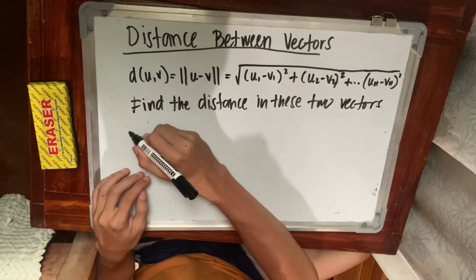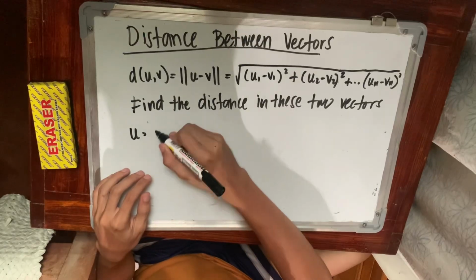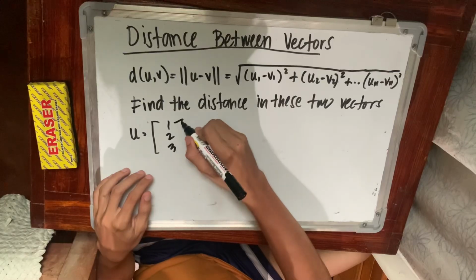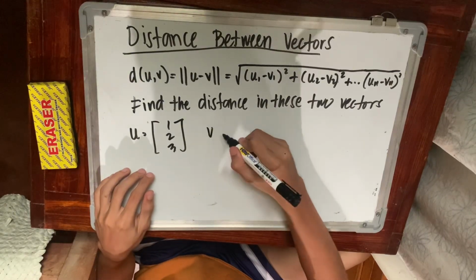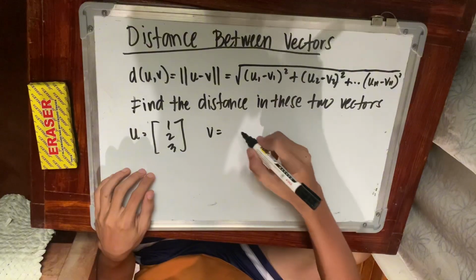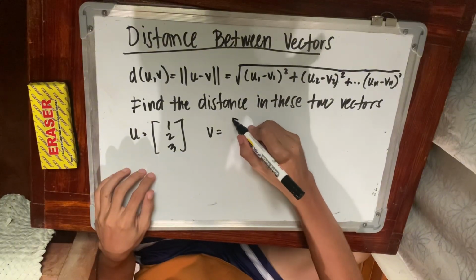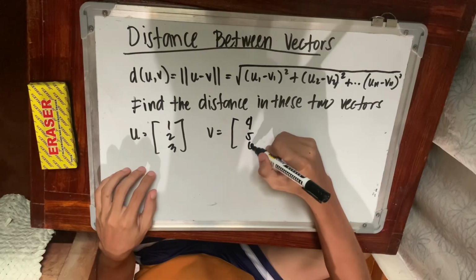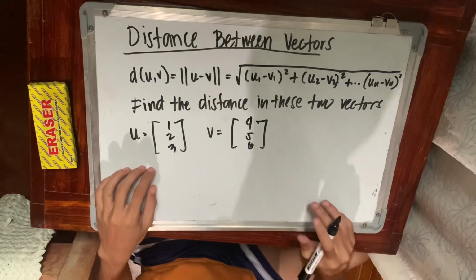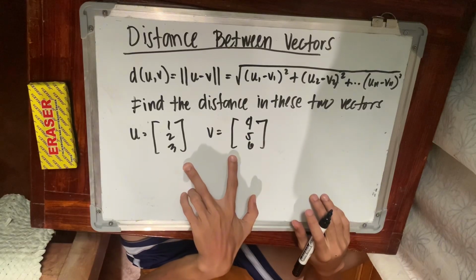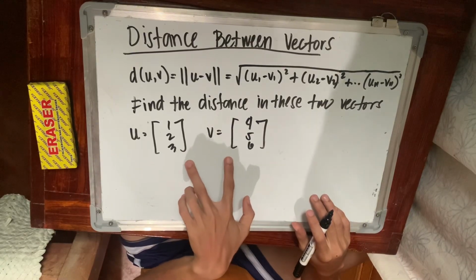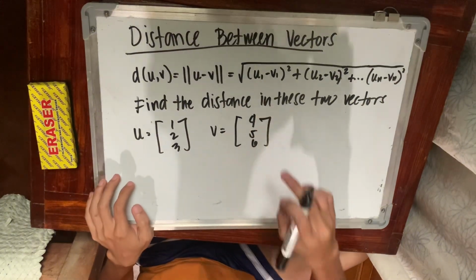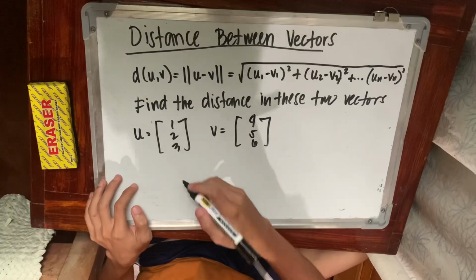We have vector u equal to 1, 2, 3, and vector v equal to 4, 5, and 6. To find the distance of these two vectors, let's put the formula first.